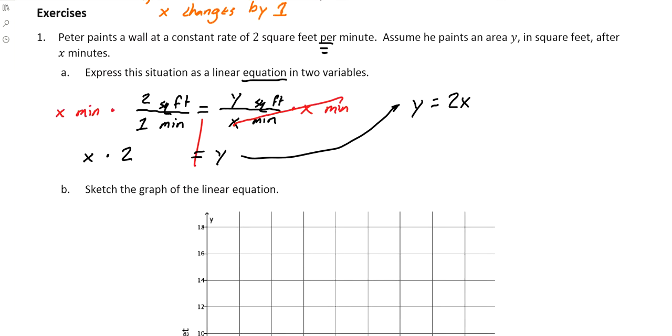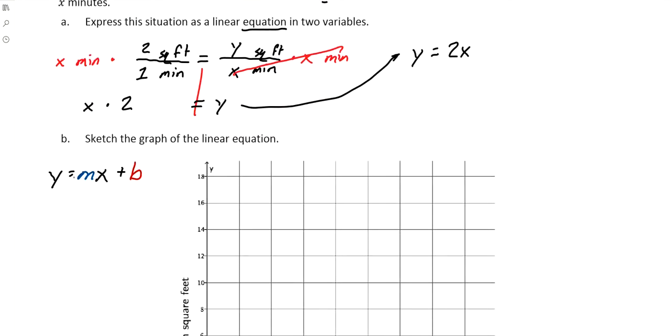So I'm going to remind you that the equation of every line is y equals mx plus b, where m is the slope and b is the y value of the y-intercept.